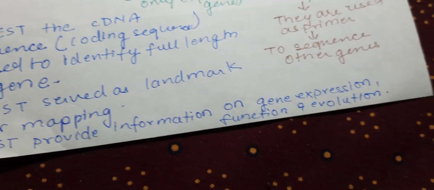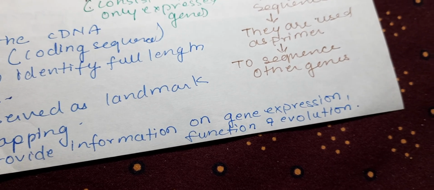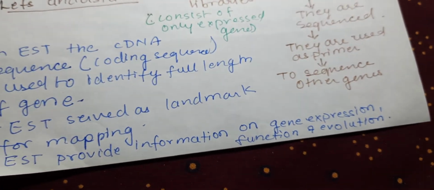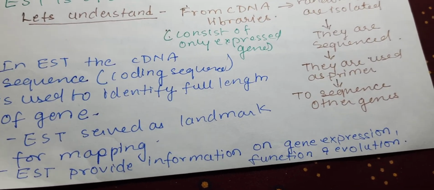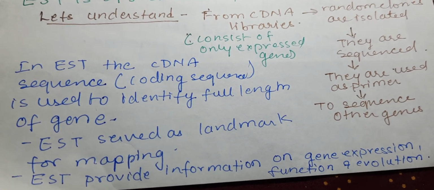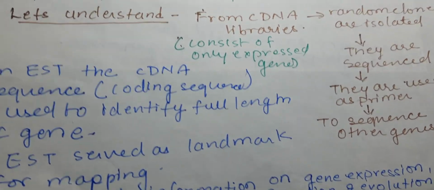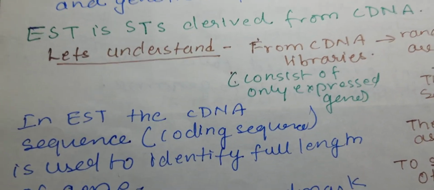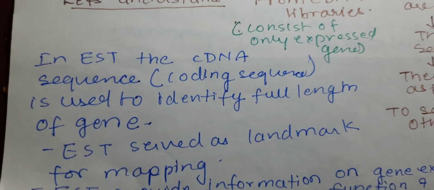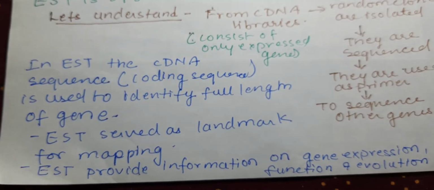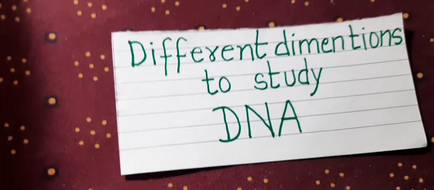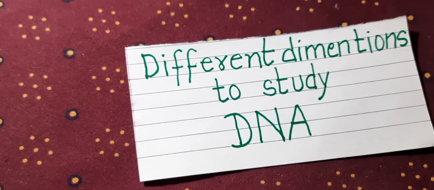EST provides information on gene expression, function, and evolution. Once you sequence the genes, since they only carry the coding part, you can derive a lot of information about a particular gene. So this is how they are useful.